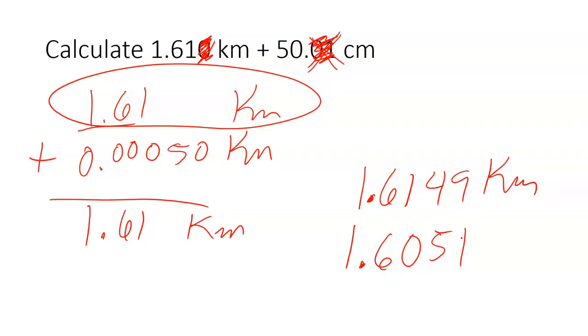I'm just trying to show it clearly that the 5 there, I want to deal with the 5 right now. But really, it can be anywhere within 1.6051 or 1.6149. We have all that space that we don't know really what is the number here.